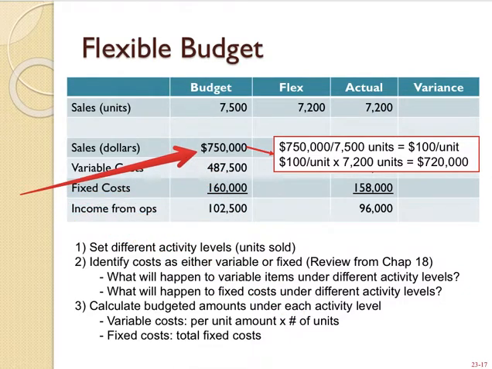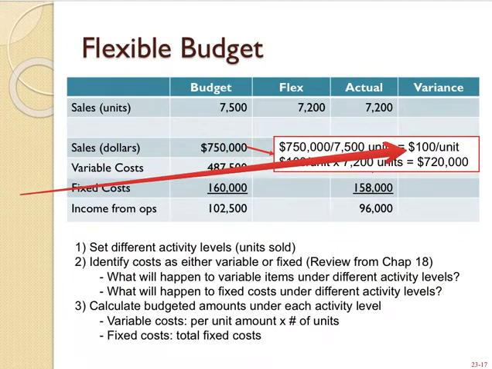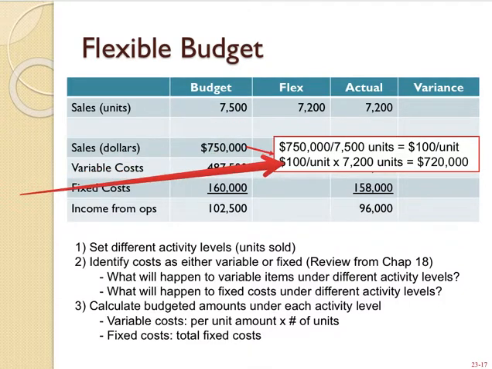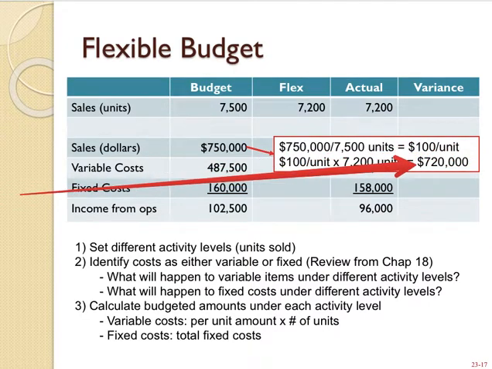So if our original budget amount was $750,000 of sales and that was based on 7,500 units, that means that we expect each unit to have a sales price of $100. So therefore, if we sell 7,200 units, we have that $100 per unit selling price times 7,200 units means we would expect to have sales dollars of 720,000.